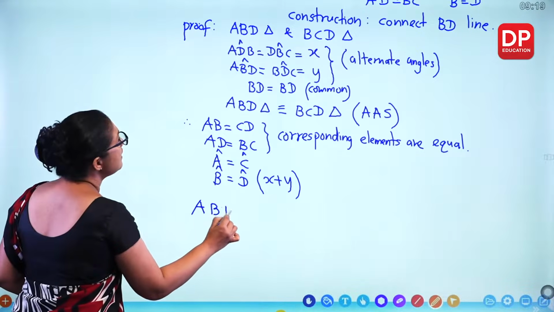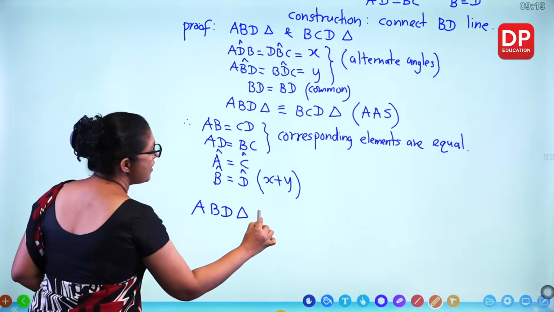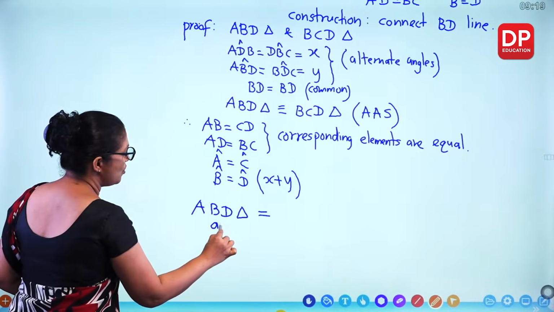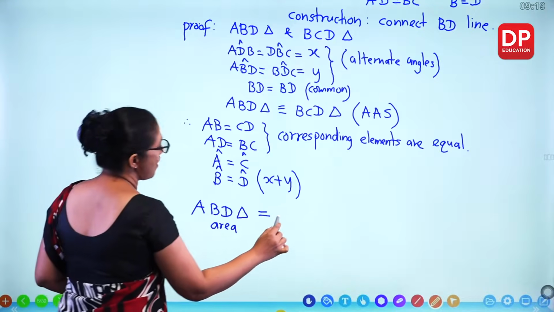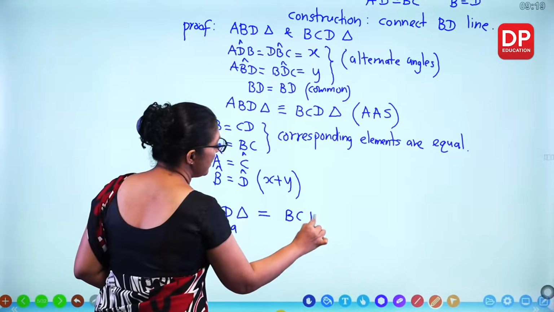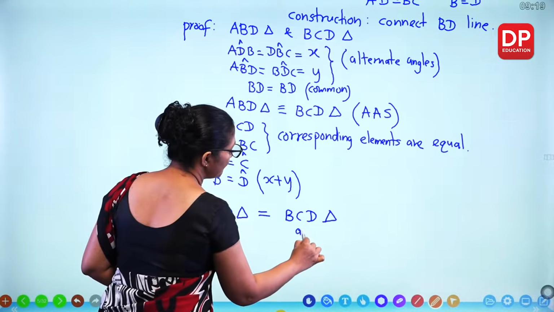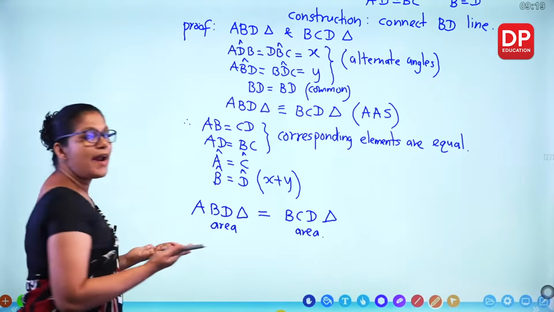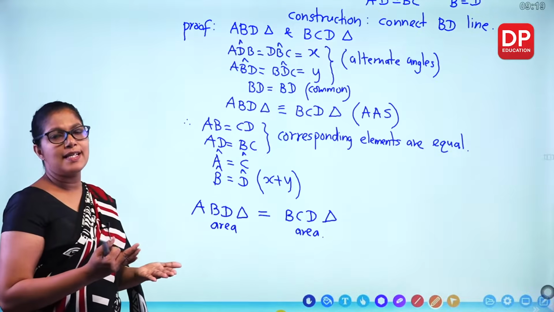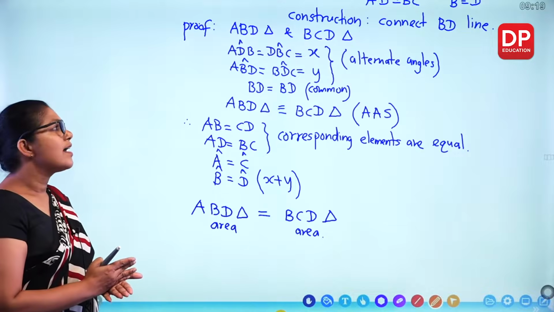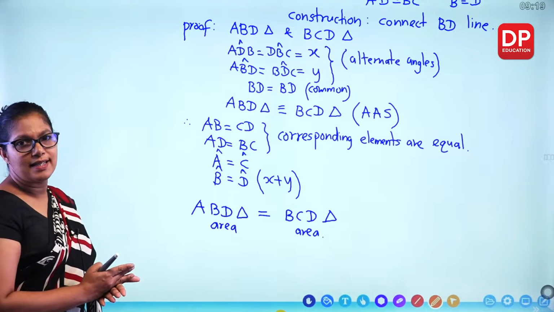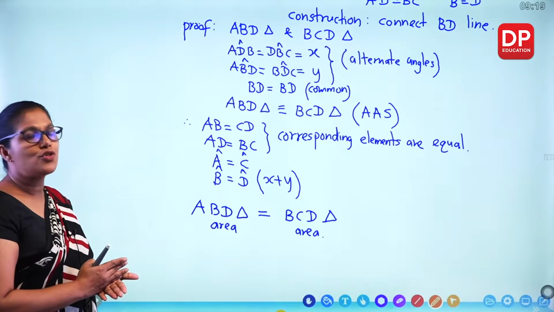ABD triangle area is equal to BCD triangle area. Two areas are equal means the area is bisected, equally divided into two.